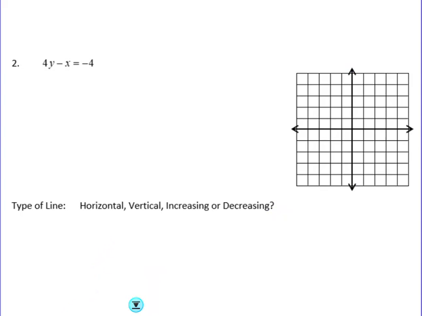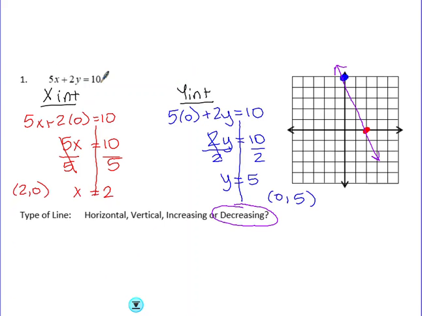Let's look at this next example. Again, we're going to find the x and y intercepts. But this time, I'm going to show you a shortcut. If we go back to the first example and look, when we plug 0 in for y, this whole y term becomes 0.